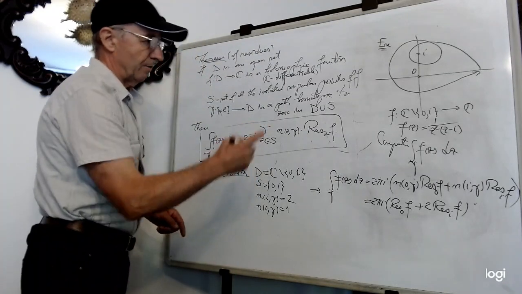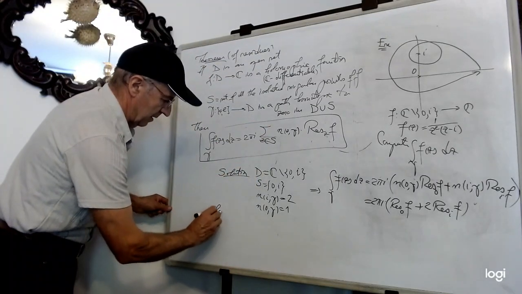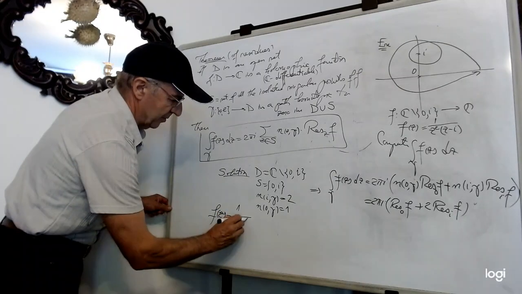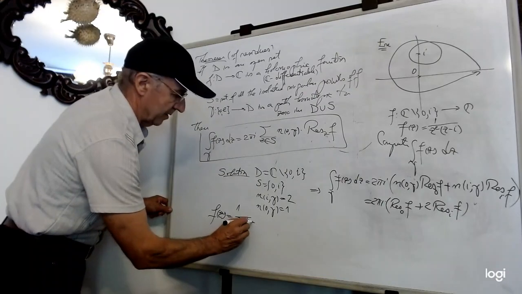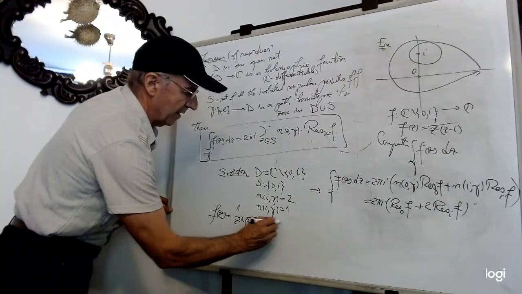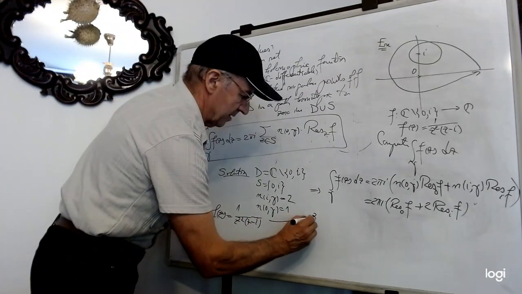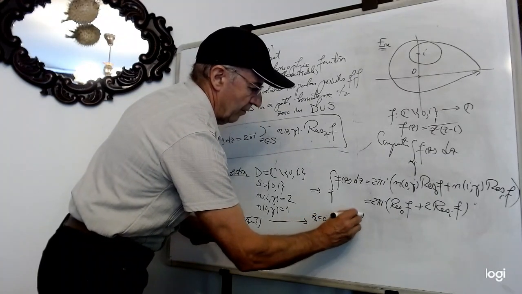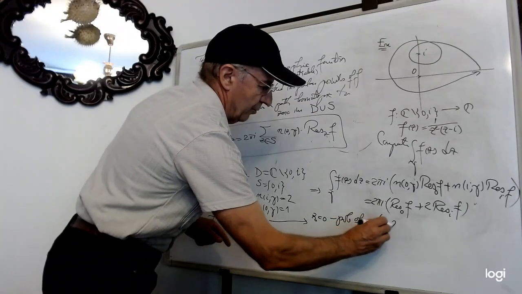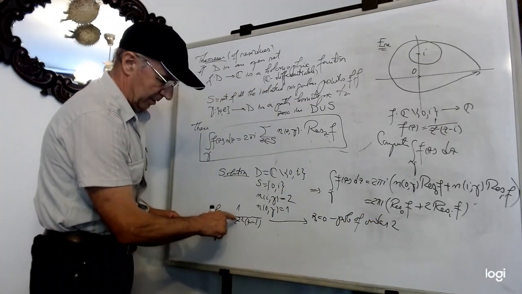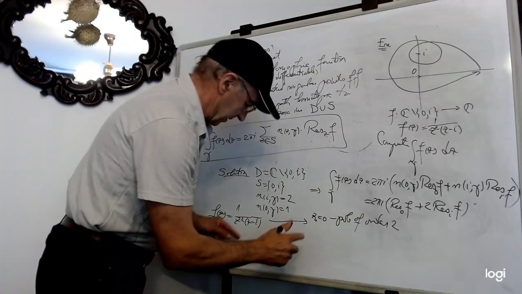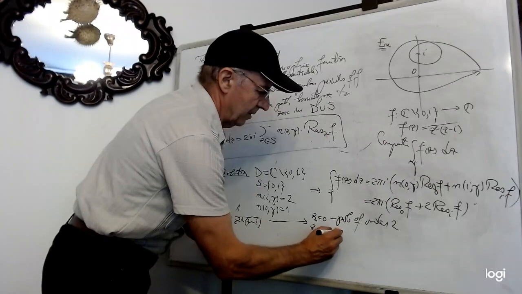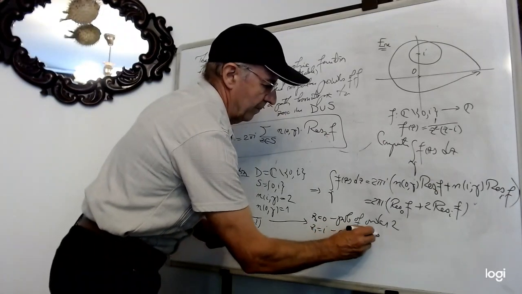Here our function f of z is 1 over z squared times z minus I. You can see that in this case z0 equals 0 is a pole of order 2, the second order root of this expression, and z1 equals I is a pole of order 1.